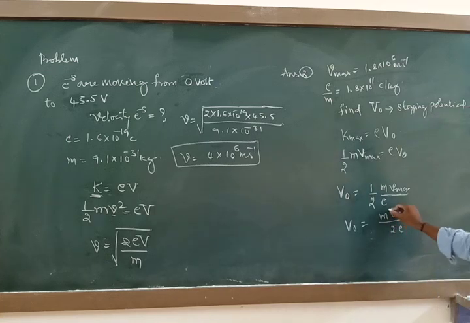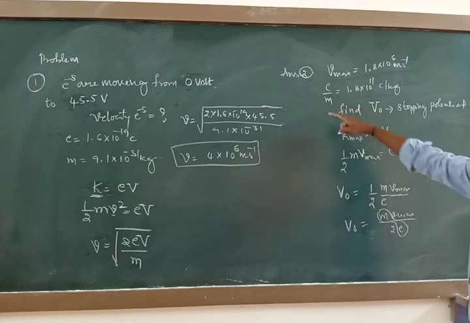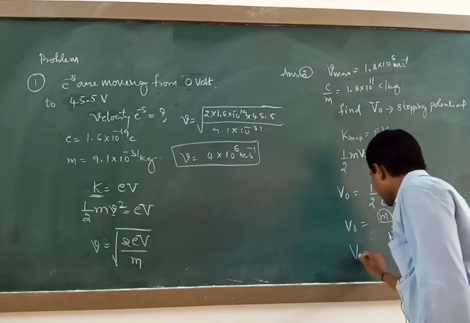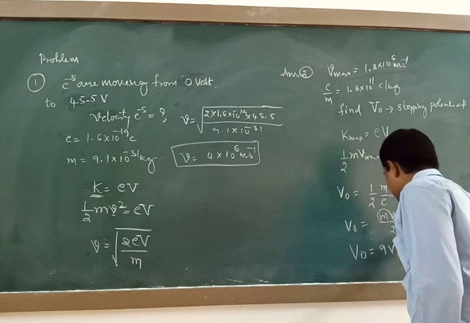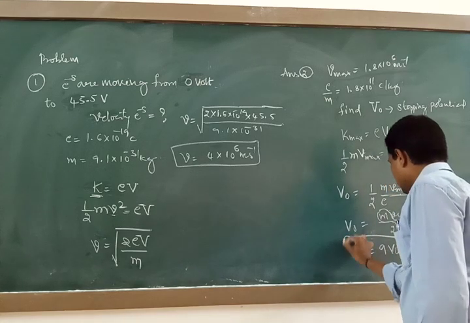Here it is m by E, but E by m they have given, so take that value, and this is v max they have given. If you substitute, you will get stopping potential 9 volt. So 9 volt is the stopping potential you are getting.